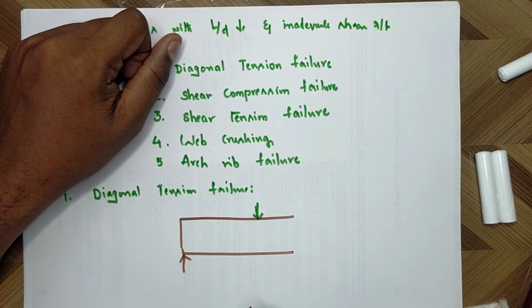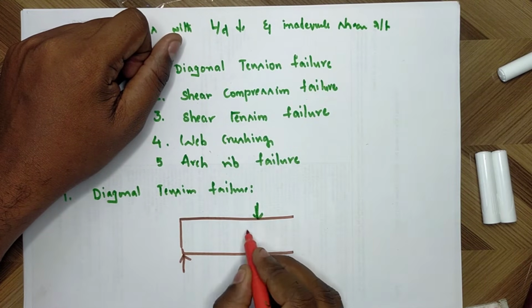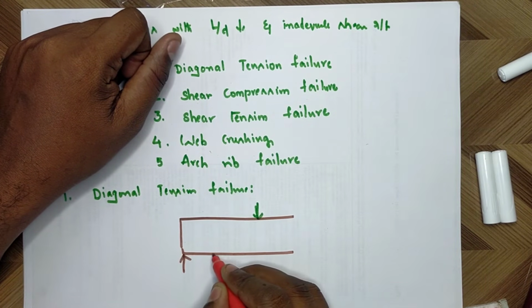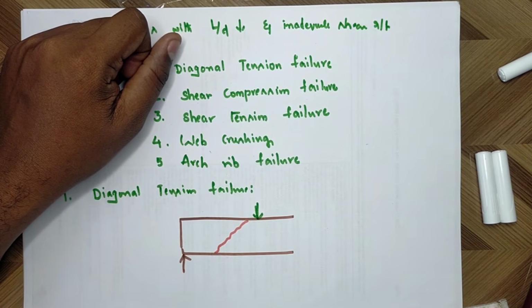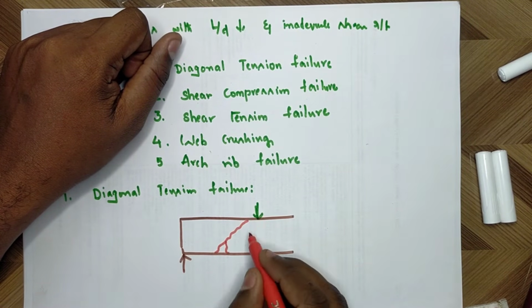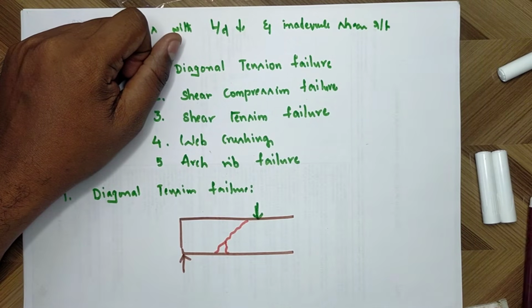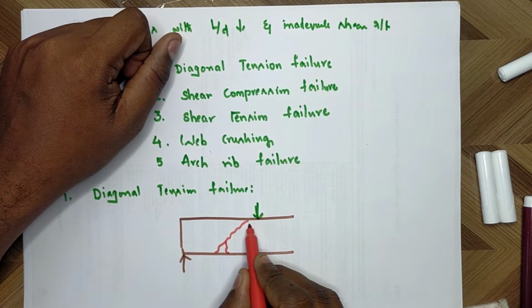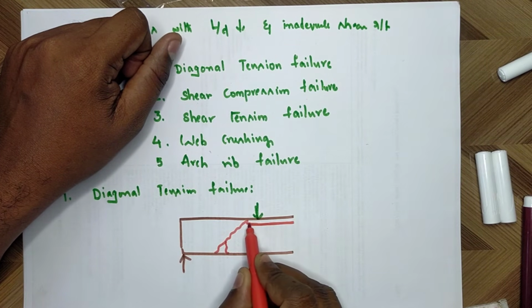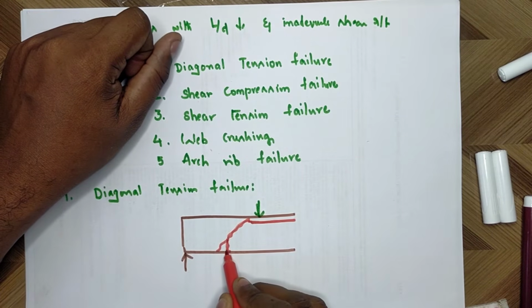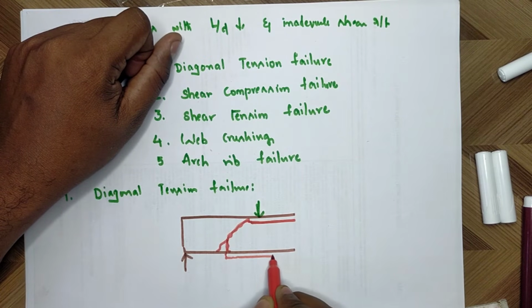There will be a crack like this, but the total beam will fail in shear, means it will come down like this.